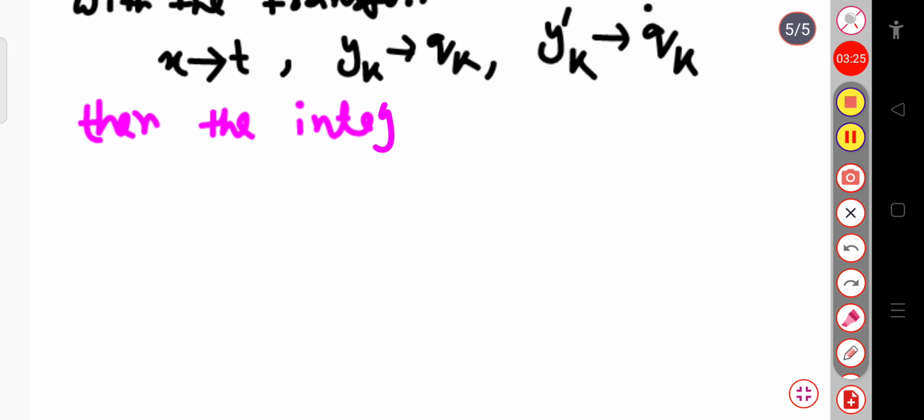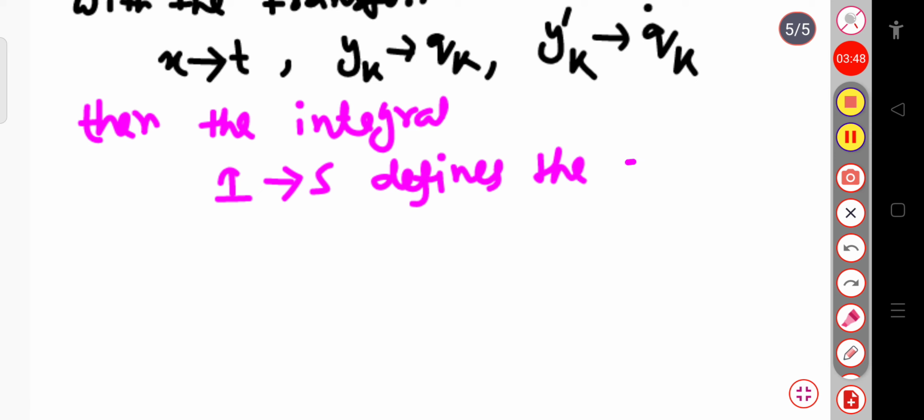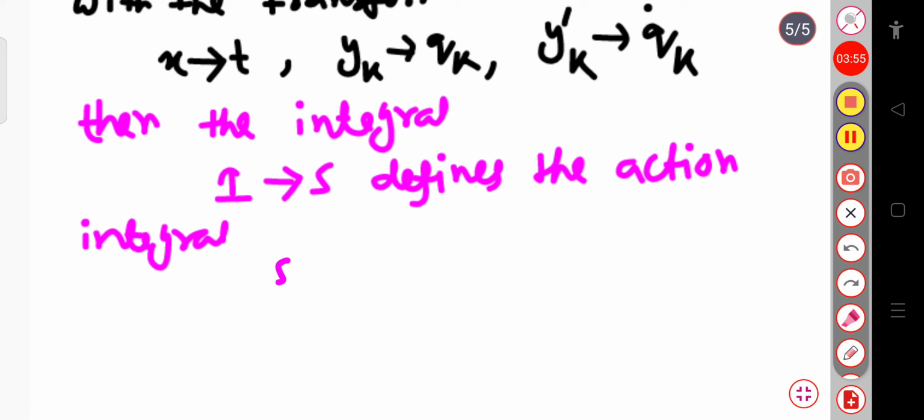Then the integral that we discussed in our previous class, denoted I in the Euler-Lagrange equation, if you remember, now changes to S. This defines the action integral: S equal to the integral of L dt over t1 to t2.